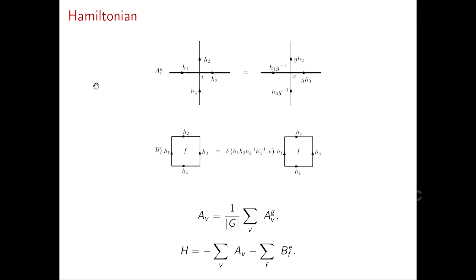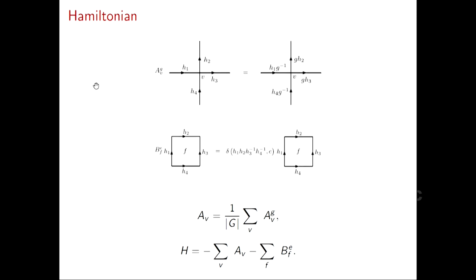So essentially, I will be multiplying the elements which are located on these edges. So which is just H1, H2, and if I move in the opposite direction to the way the edge is oriented, I'll take the inverse.